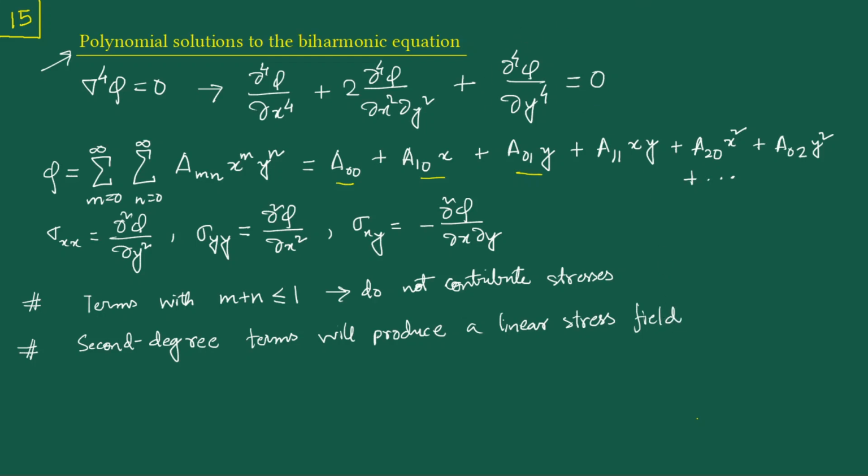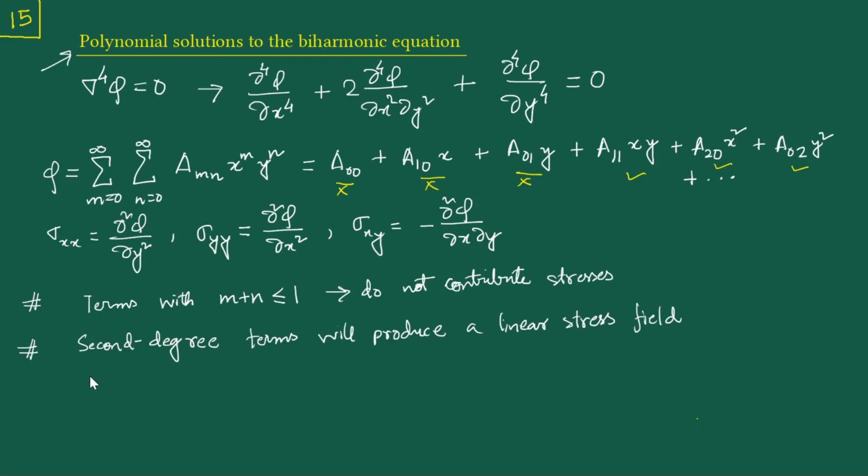So we have already crossed out these things, which are not very useful. Suppose we take terms containing the second degrees. This one is a second degree term, this is a second degree term, this is a second degree term. We have no other second degree terms here.